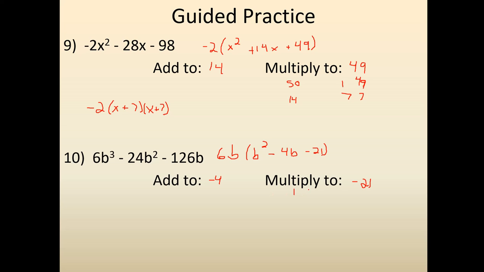So it's going to be 1 and negative 21, 3 and negative 7, and that's it. These numbers will add up to negative 20 and negative 4. So 3 and negative 7 are my numbers. So I'm left with 6b times b plus 3, b minus 7.